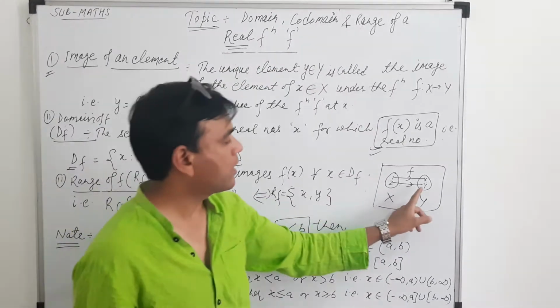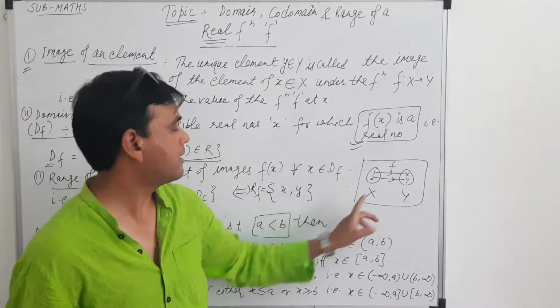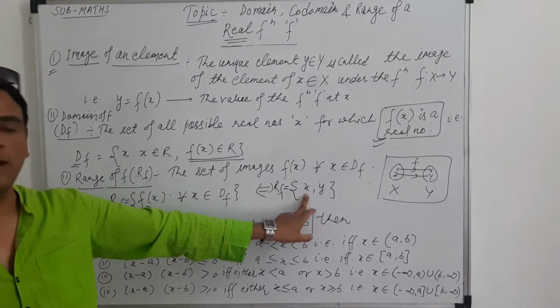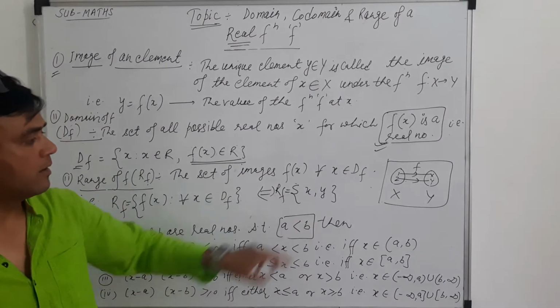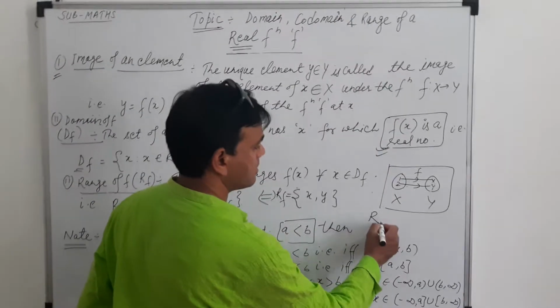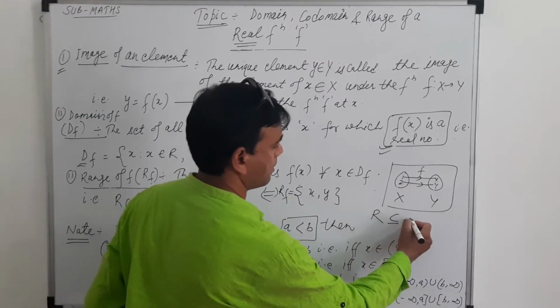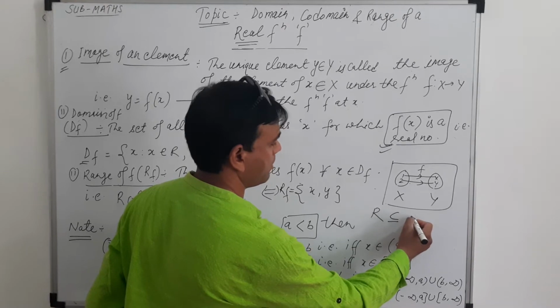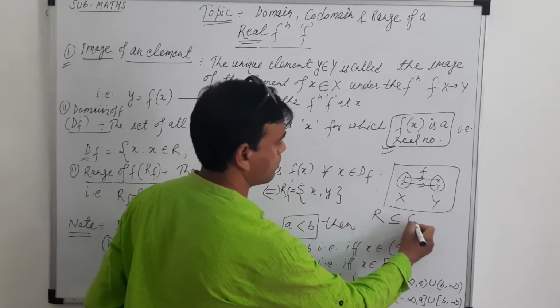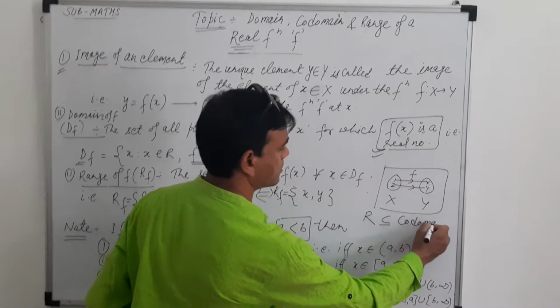Actually, you can be confused here that range is the set of all f images of the function, but range is always a proper subset or may be equal or not equal to the codomain of any function.